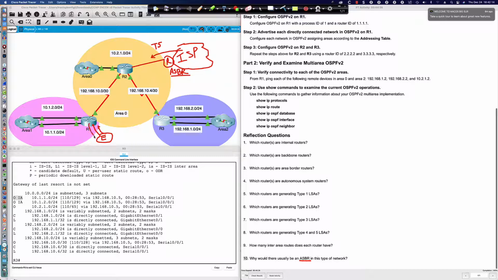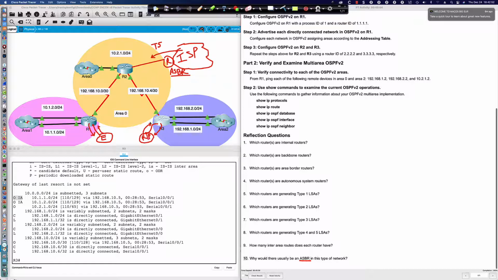And then for reachability, vice versa, we could redistribute OSPF into EIGRP and EIGRP into OSPF. But the idea is that routing information that I'm redistributing in from EIGRP is coming from outside, external to the OSPF routing domain. And the same thing is true over here. If I've got this other connection and we've got a RIP network over here, we're redistributing the RIP information into OSPF and OSPF into RIP.